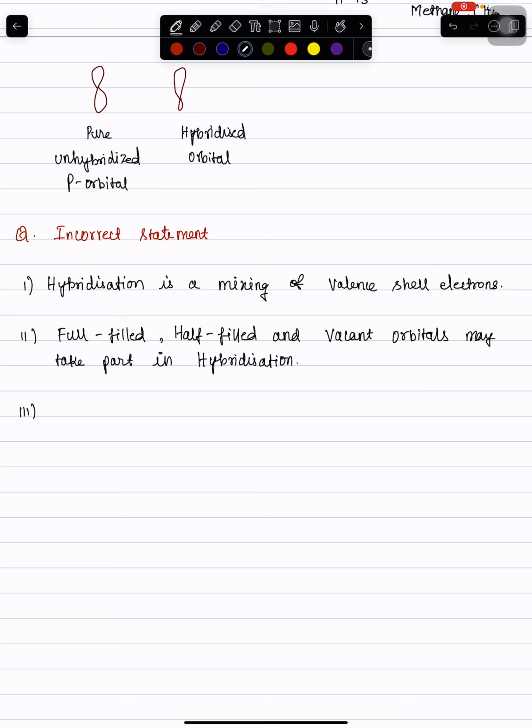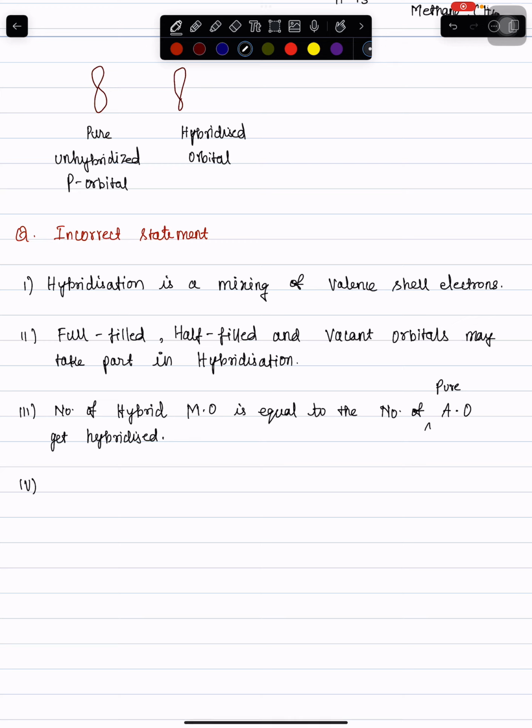Third option: the number of hybrid molecular orbitals is equal to the number of pure atomic orbitals that get hybridized.